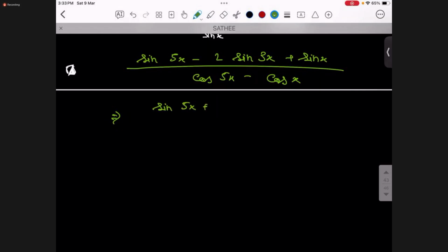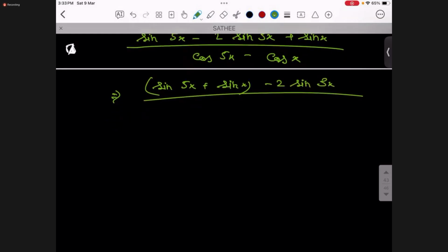Sin 5x plus sin x minus 2 sin 3x divided by cos 5x minus cos 3x, which can be written as 2 sin (5x plus x) by 2, sin (5x minus x) by 2.